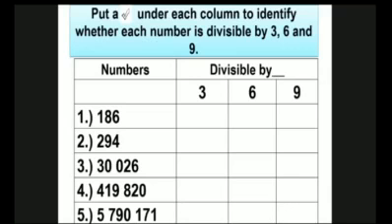Before we go to the activity, take a look at the rules to find the divisibility of these numbers by 3, 6, and 9.